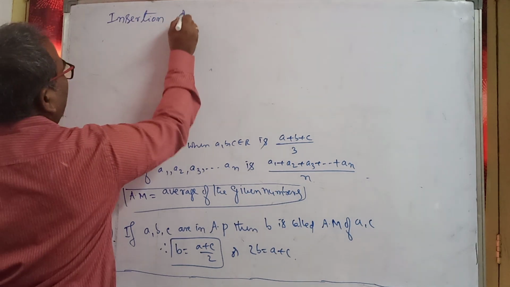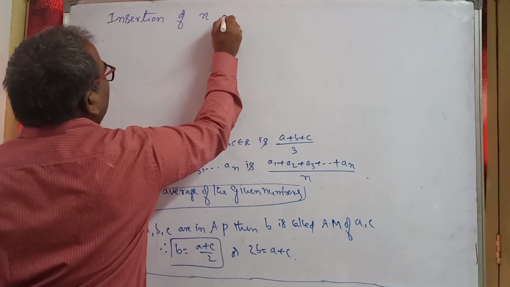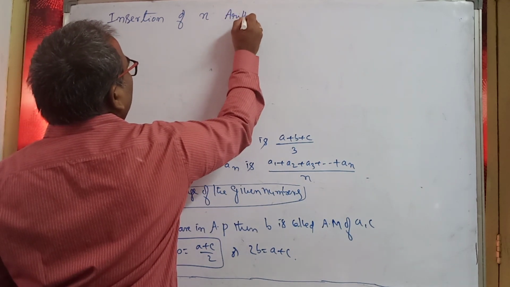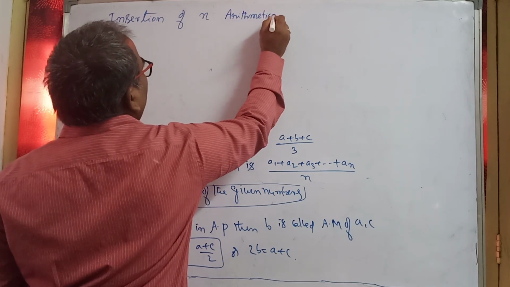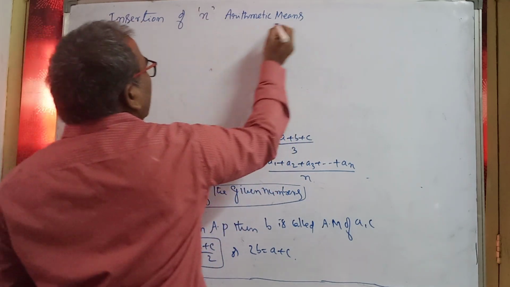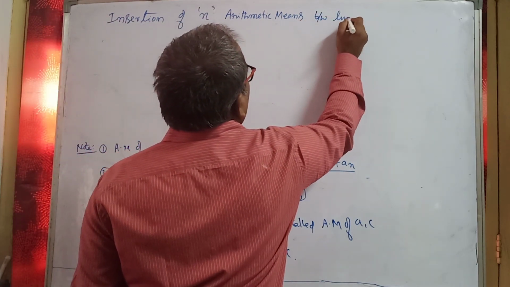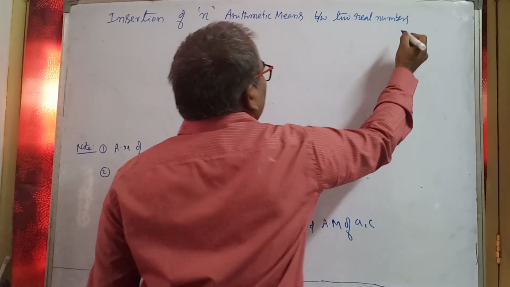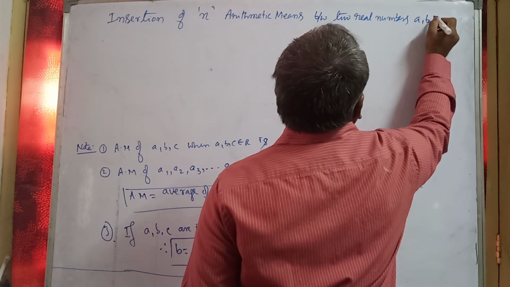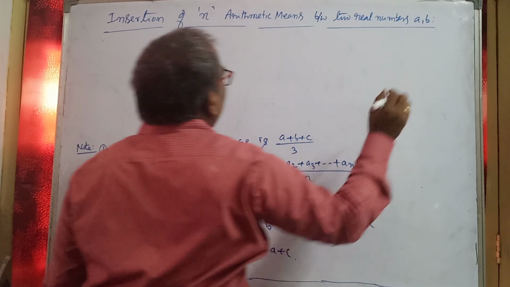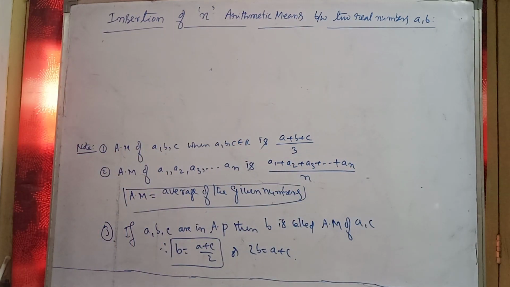Insert n arithmetic means between two real numbers a comma b. Now, how to find those n arithmetic means and what is their sum? Those things we will see.